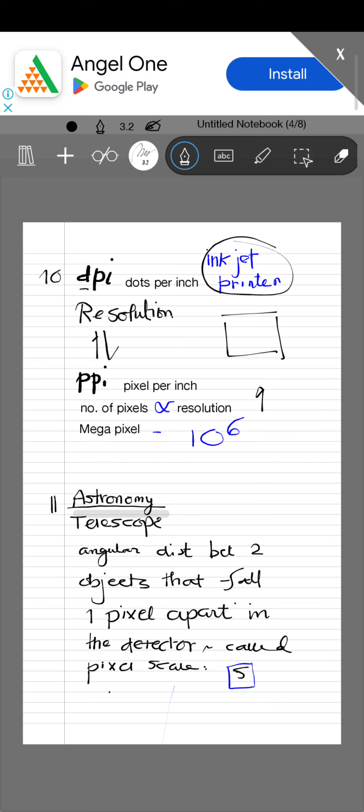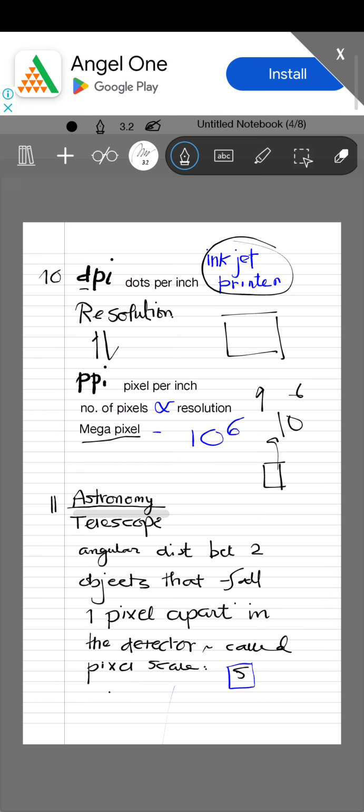Now, the mobile phones that we all have, you might have seen that the camera is technically described as a megapixel camera. Megapixel means that in a particular area there are 10 to the power 6 pixels, and as the number of pixels goes up, the surface density of the pixels increases, and the resolution of the image will also increase.